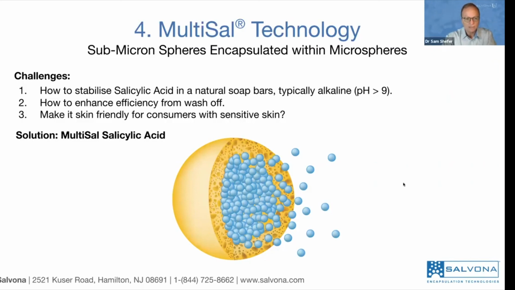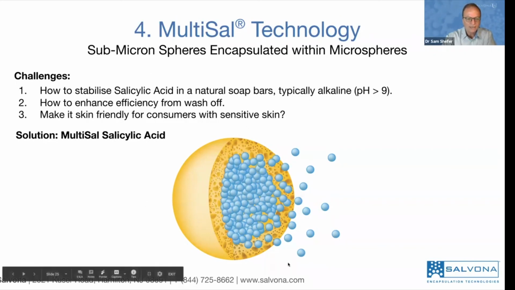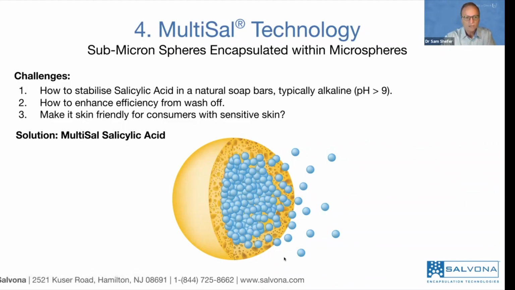Now, what is Multisal? Multisal is practically taking SalSphere, and that's why I started with SalSphere, taking the tiny beads, concentrating them, and encapsulating them in another layer. This is now a powder with particle size of about 20 to 40 micron. So this is something that you can actually see and feel. These are quite big particles, not macro particles, but micro particles, fine powder.